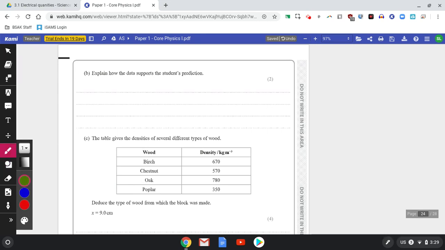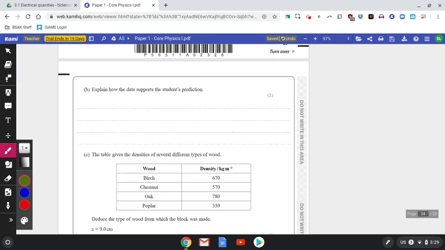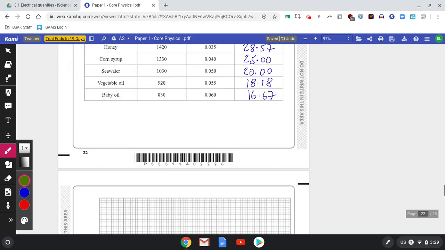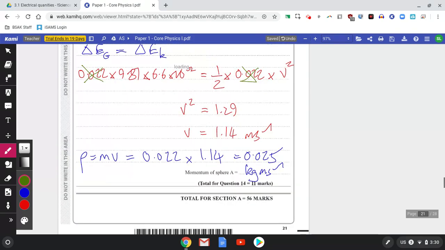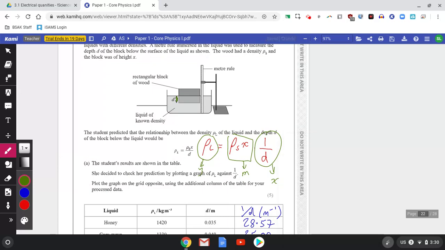So, explain how the data supports the student's prediction, right? Well, we've assumed that it is in the form y equals mx plus c. And so if we plot rho L against 1 over D, because these two are constants, okay. Sorry, x is not the depth. D is the depth there.